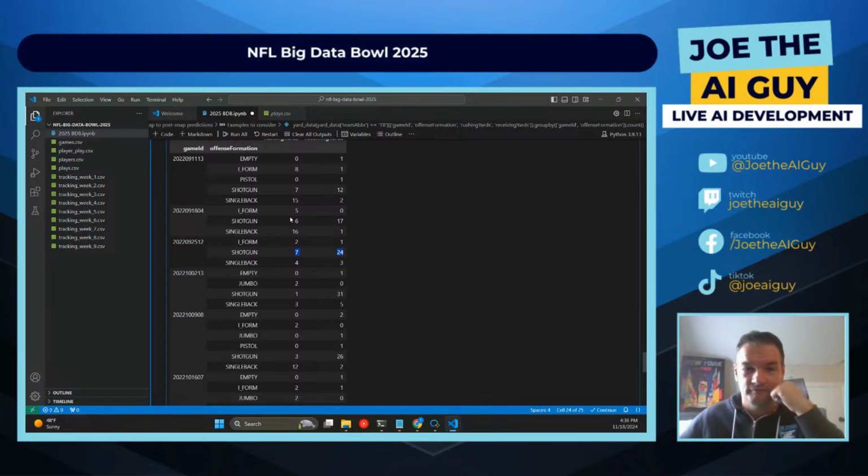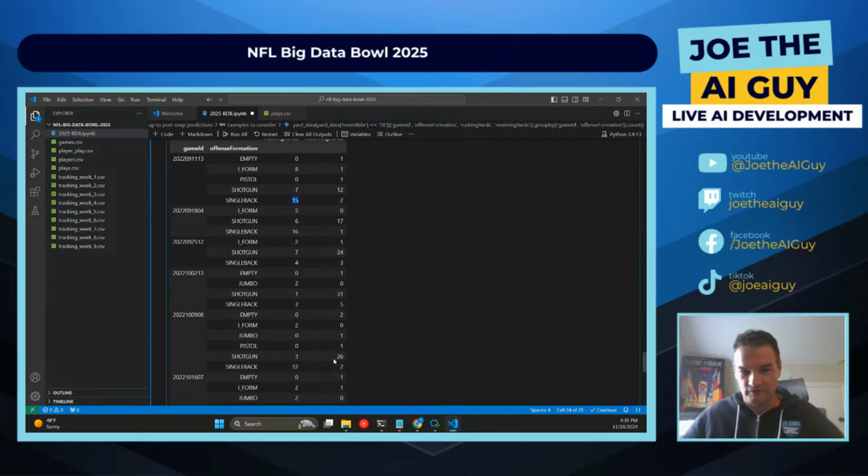So then you've got maybe 60 attempts for a team, rushing and passing, sometimes 70. So it's hard to do individual predictions, but you can see here some teams do have tendencies like Tampa, where if you're in the single back, you're most likely going to be running the ball.